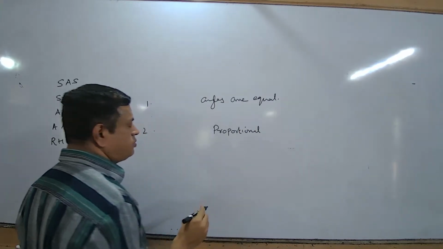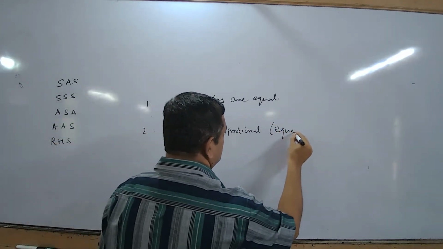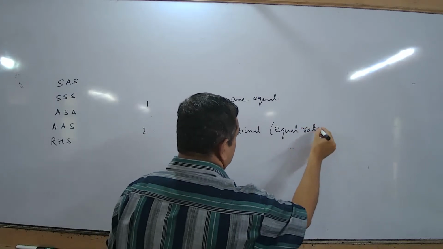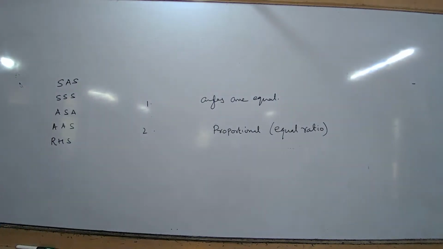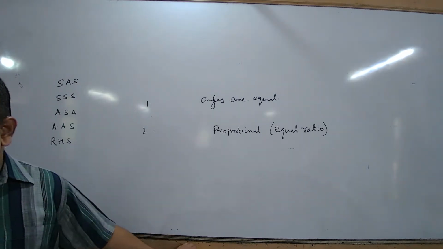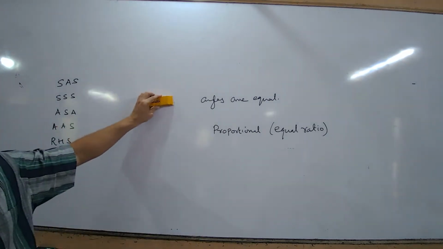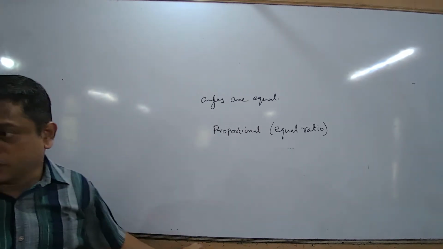Corresponding sides are proportional, meaning equal ratio. Corresponding angles are equal, corresponding sides are proportional. What is the meaning of proportional? Equal ratio. All of you listen carefully. It is not that easy. You wait and see how proving similarity works.